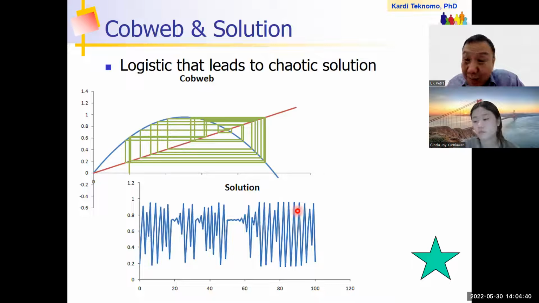This is exactly the same logistic equation, but the behavior suddenly becomes random, even though there is no randomization. What you need is just to change the parameter. So why is there some kind of random behavior out of a deterministic equation? If you want to define it simply, chaos is deterministic random.